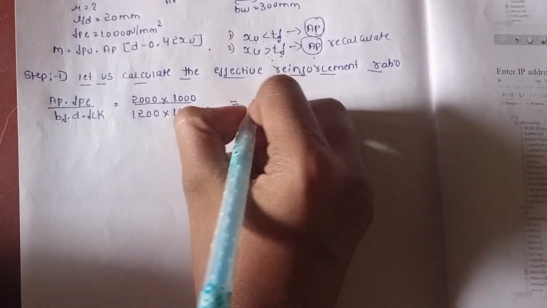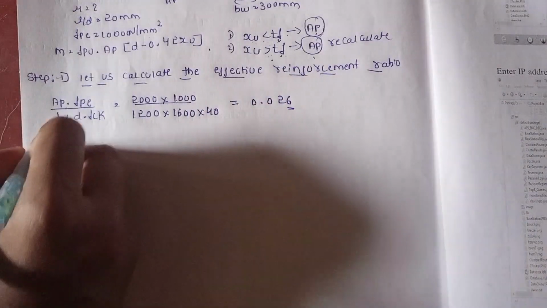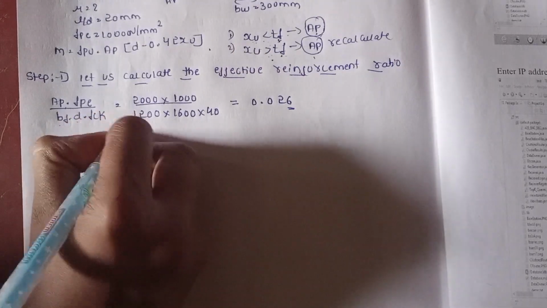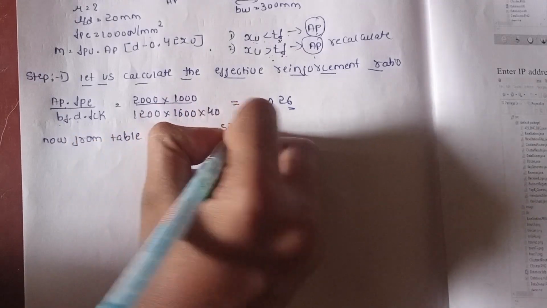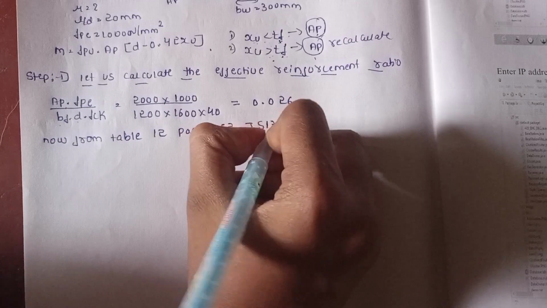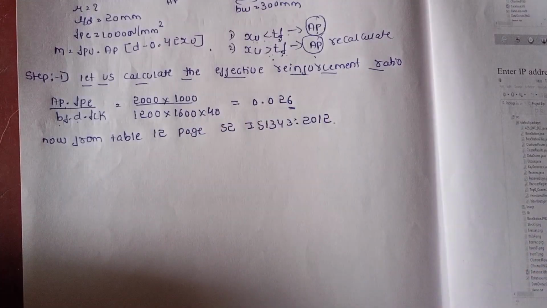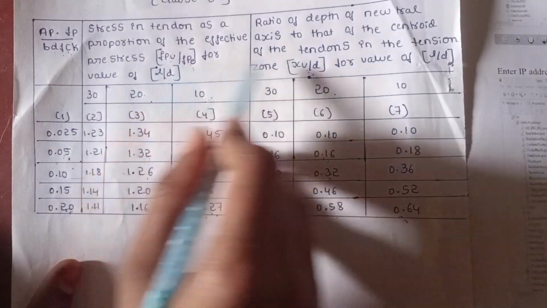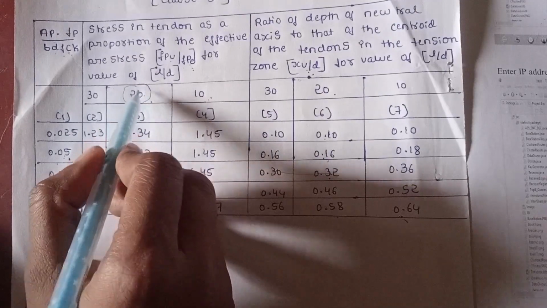Now we got the answer as 0.026. Now from table 12, page 52, IS 1343 2012, we want FPU divided by FPE value and XU by d value for the corresponding L by D ratio of 20.